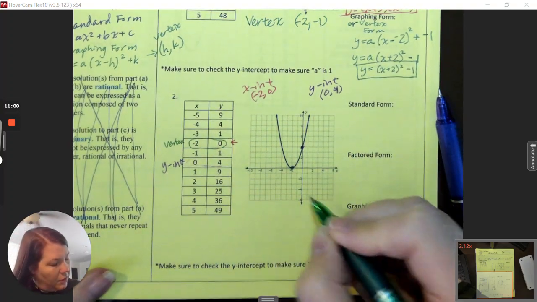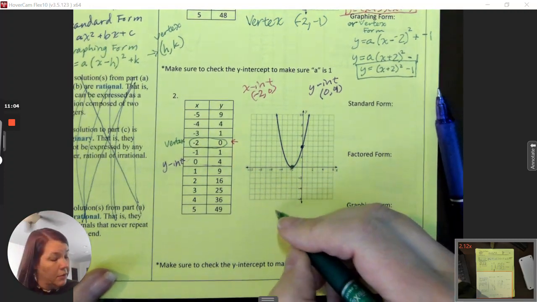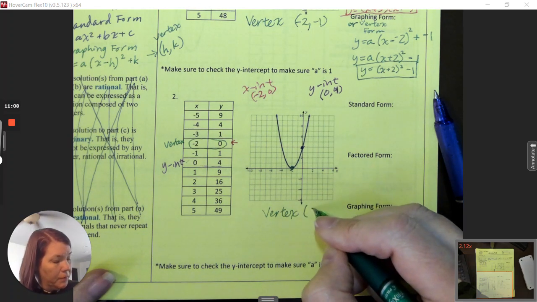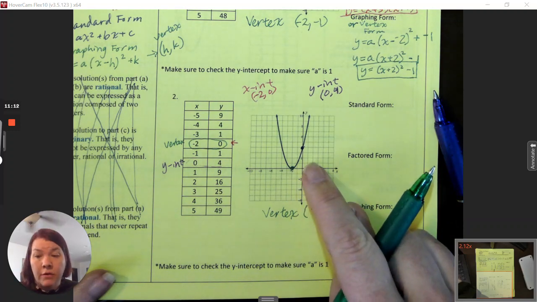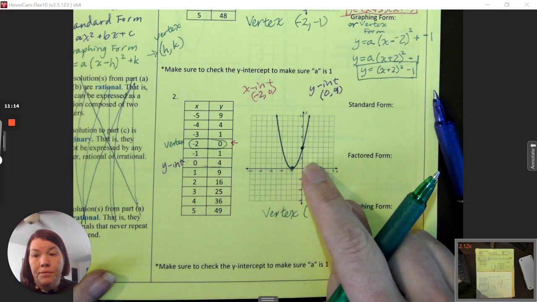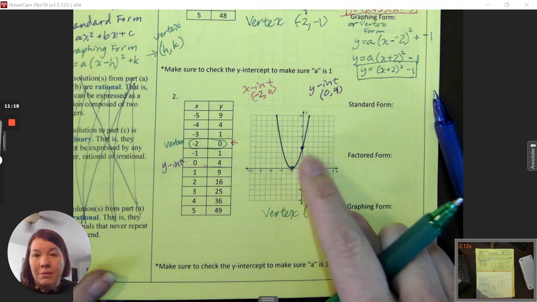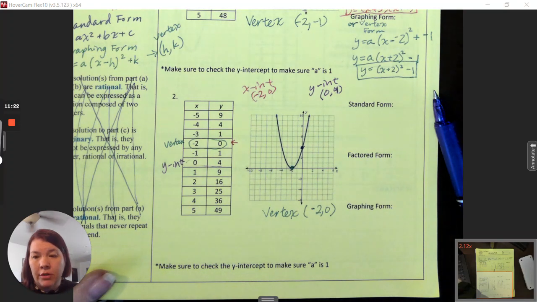So my vertex, which is easier to see from the graph, is also my x-intercept. You'll notice that we only have one x-intercept. Whenever we only have one x-intercept, it has to be the vertex if it is a function, period. Otherwise, there will be two x-intercepts.